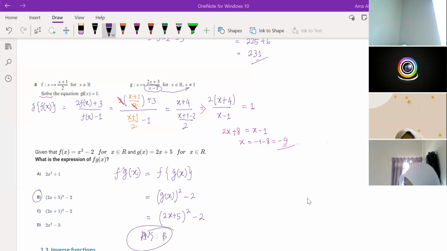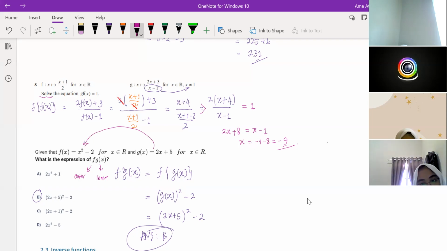Remember, f of g of x means f is the outer, g is the inner. In compositions, the inner function is the insert function, so we are going to insert g into f, and therefore we write f of g of x. We are going to insert this into this.